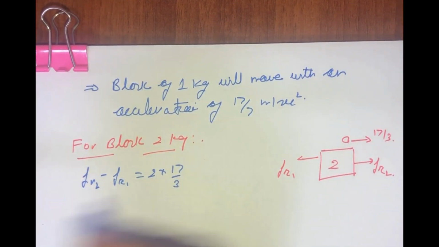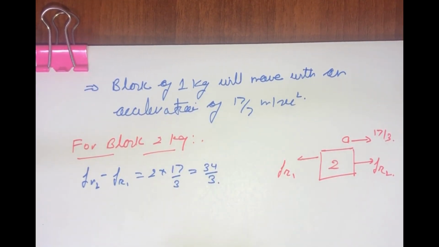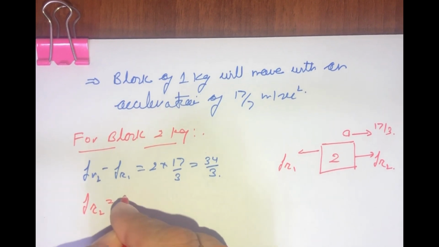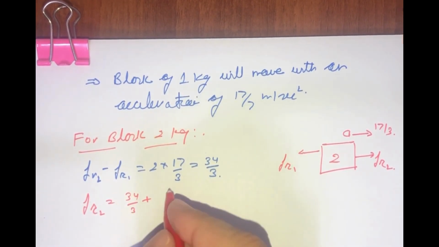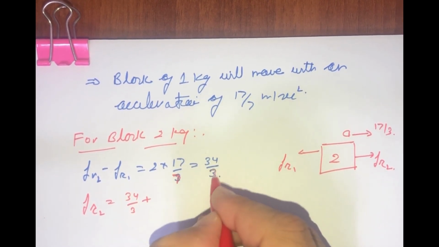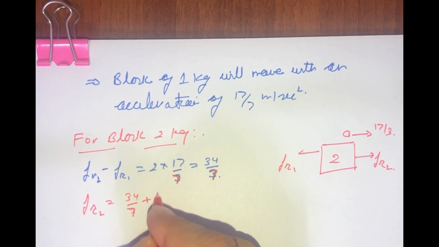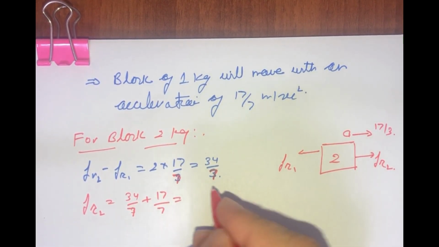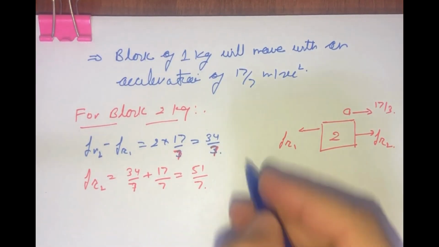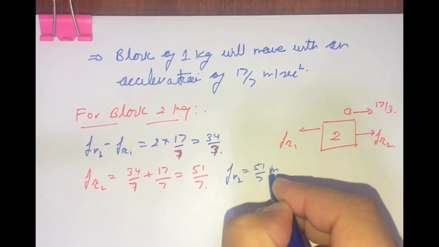So this will be coming as 34/3, and FR1 is 17.7, so FR2 will be equal to 34/3 plus 7, my mistake, 7 plus 17.7, so this will be coming as 51/7. So FR2 is equal to 51/7 newtons.